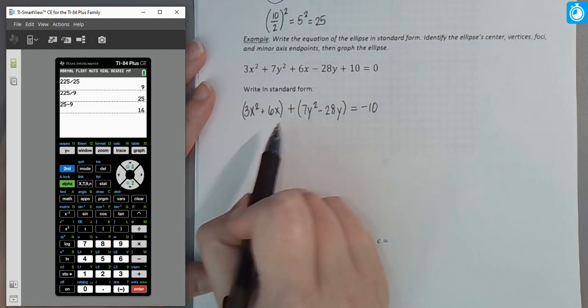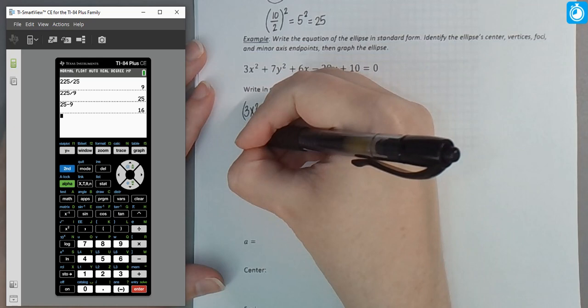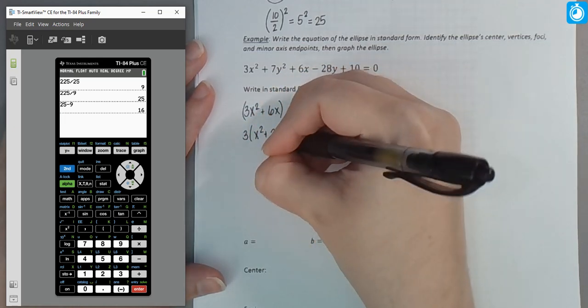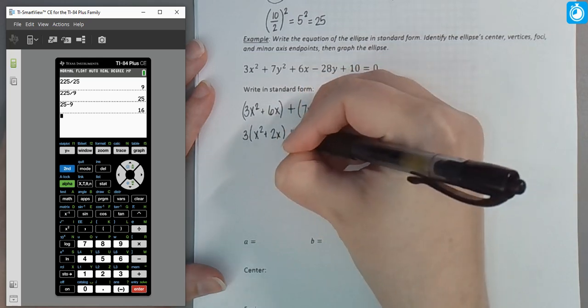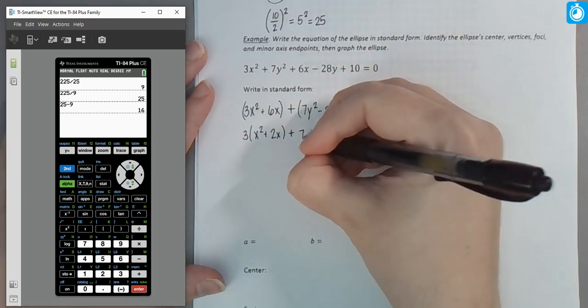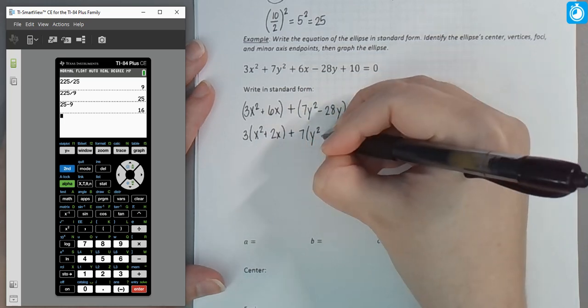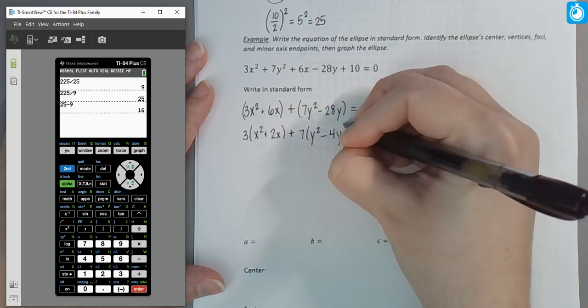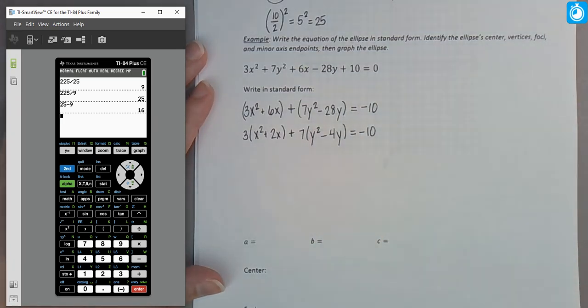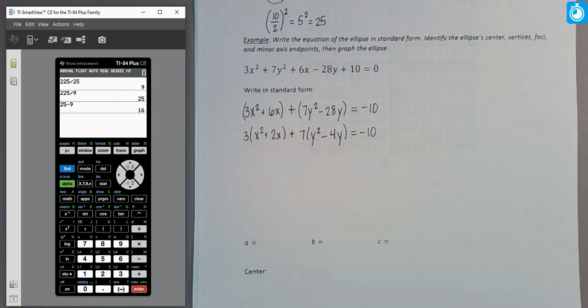So the first set of parentheses for x, we're going to factor out a 3, which is going to leave me with x squared plus 2x. And then in the second set of parentheses, I'm going to factor out a 7, which leaves me with y squared minus 4y. And as of right now, I haven't added on anything. I'm just rewriting things in a different form. So the right-hand side is still negative 10.